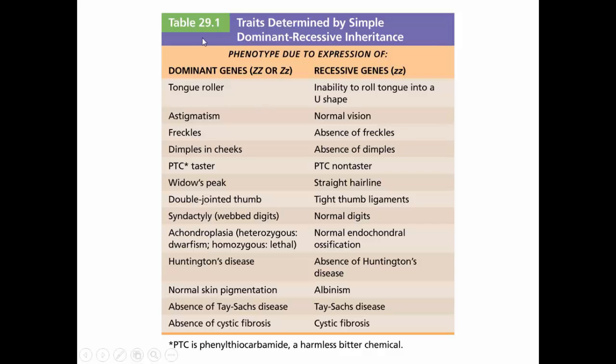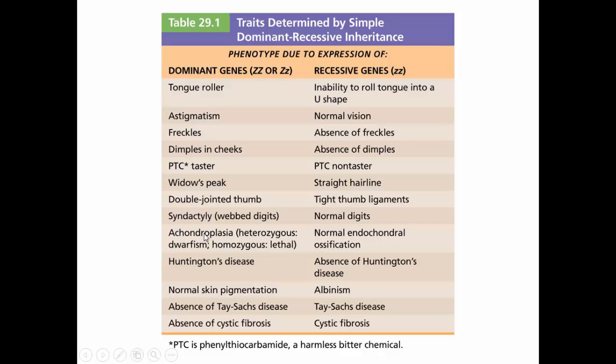Here's a list of some of the traits that are inherited by simple dominant recessive inheritance. Tongue rolling we've talked about. Who knew astigmatism is dominant to having normal vision? Freckles, dimples, being able to taste that yucky chemical, having a widow's peak, or a double-jointed thumb are all dominant characteristics. Syndactyly is the webbing between your digits. Achondroplasia is a condition where there is not normal endochondral ossification.